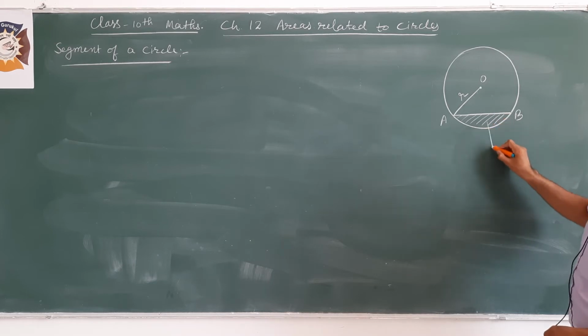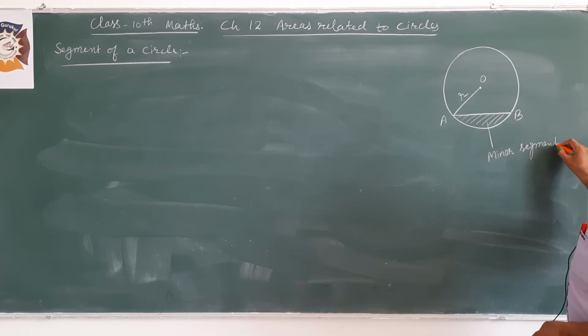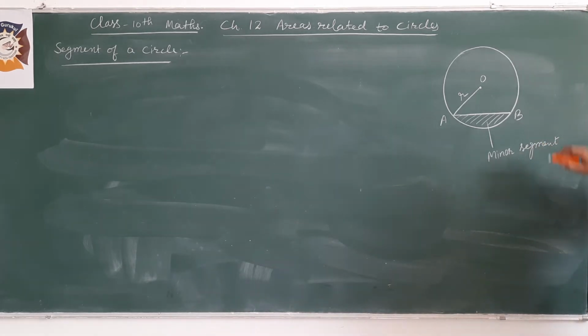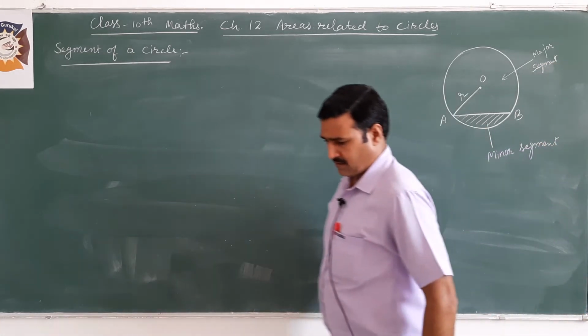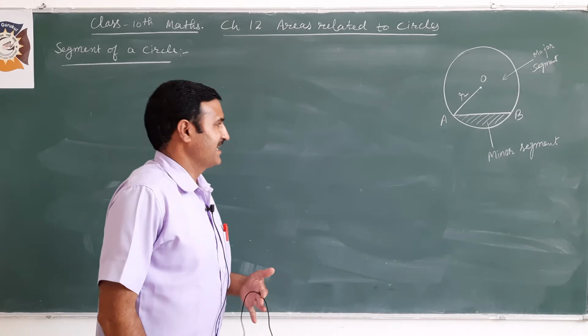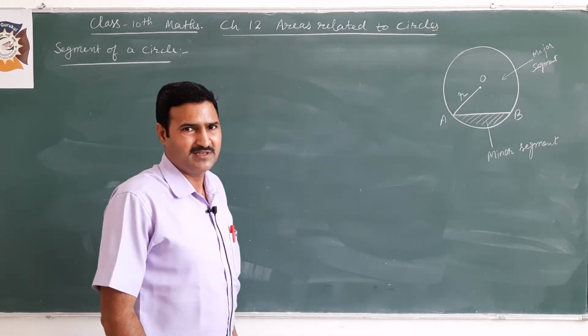You can say minor segment of the circle. And rest of the part of the circle is major segment. If only segment is given, that means the minor segment is given only.